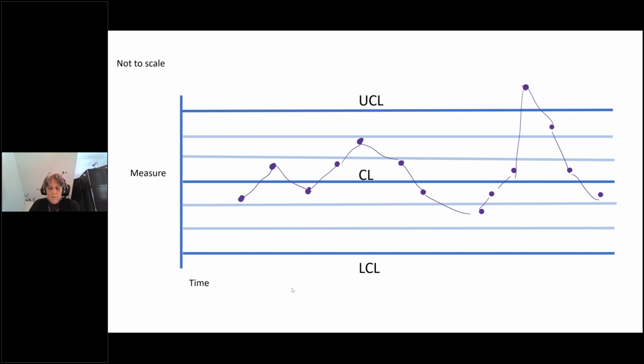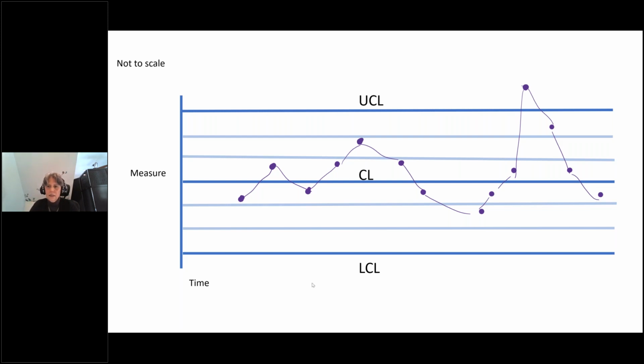There are a lot of rules, and I would suggest that you not memorize the rules, because you can either use software to identify them for you, or you can look them up. But I think what you'll see in the next few examples are some patterns that are pretty identifiable.